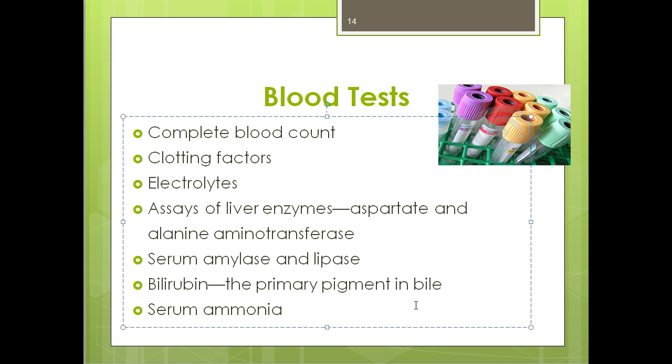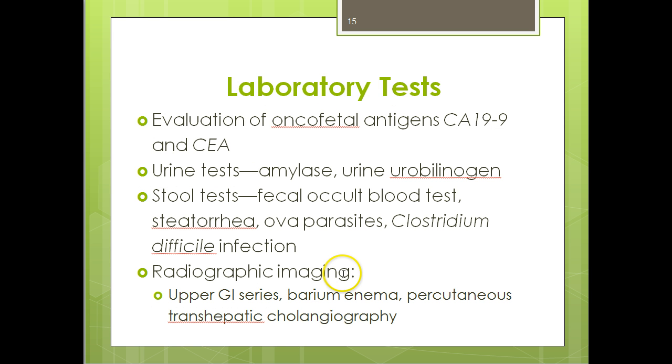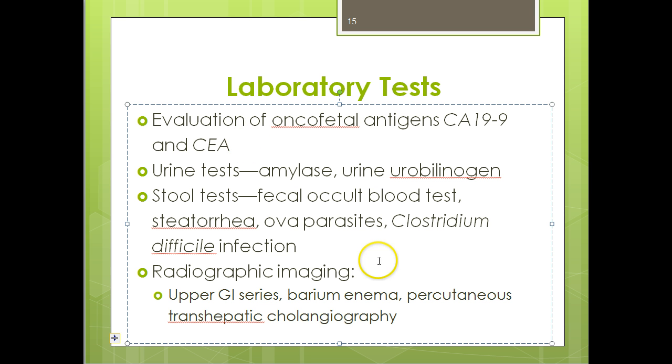So that's the reason behind them ordering these particular types of blood tests, to see if there's any abnormalities. Also, they can order CA 19-9, which they consider oncofetal antigens, which basically they test for cancer.